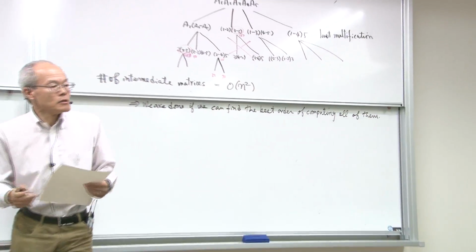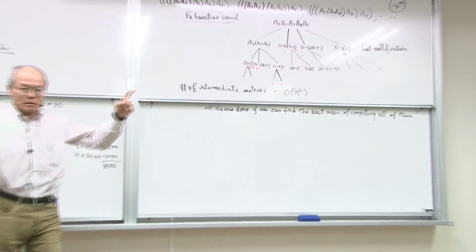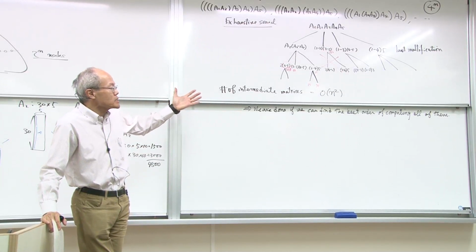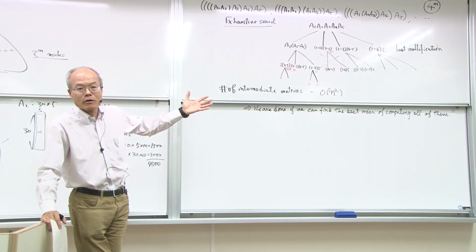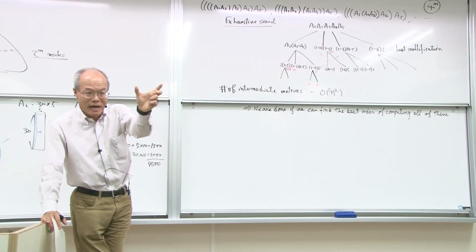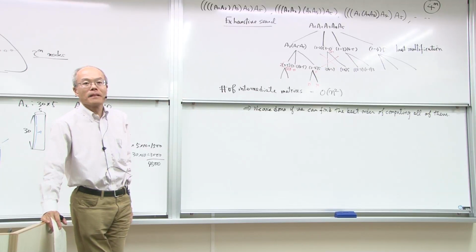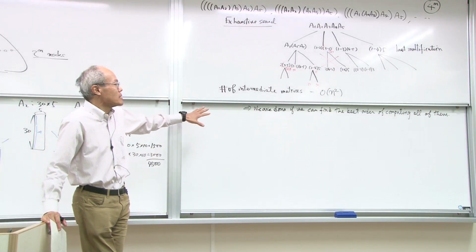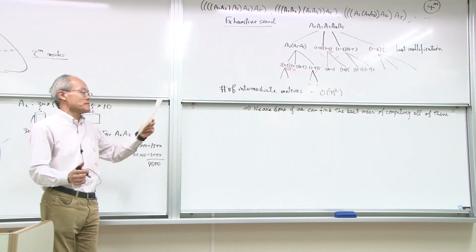So we have only n squared intermediate matrices. So we are done if we can find the best order of computing all of them, all of the n squared submatrices. Not submatrices, I'm sorry, it's partial multiplications. Right? Okay, so in order to do this, we usually use the following table.